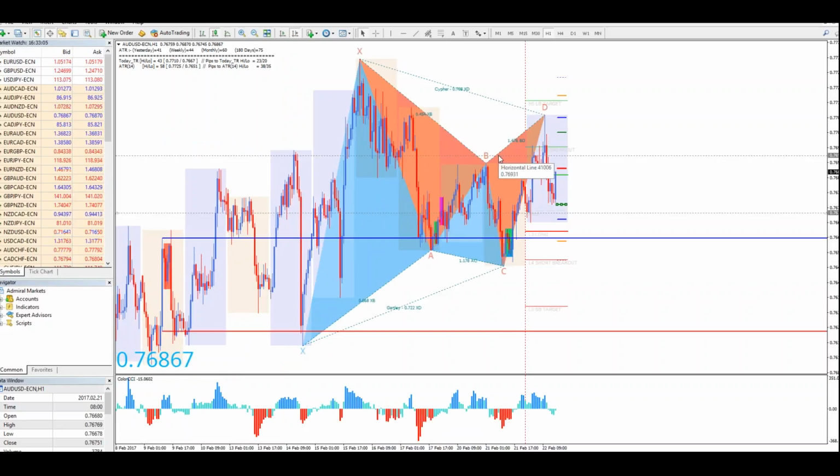If I hadn't made setups on euro dollar and dollar Swissy, I would have also placed a pending order here. Okay, 0.7720 to 35, guys. This is the top here, but if you extend it a little bit higher, here, this could also be a nice spot to sell.